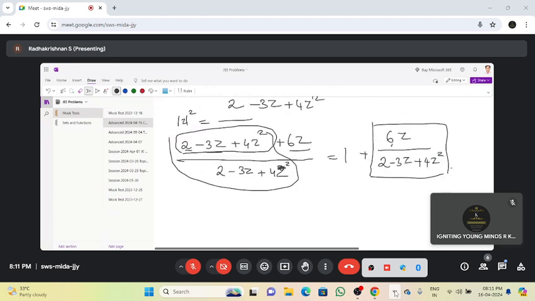Numerator has z, denominator has z. So now we can divide both numerator and denominator by z. We can ignore the 1 now and only consider the 6z fraction.